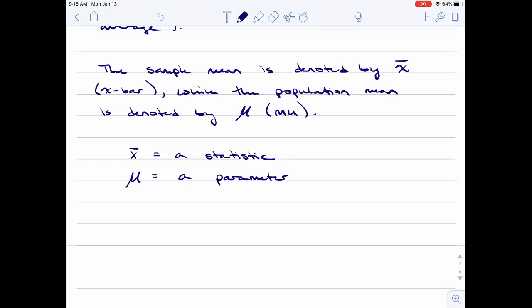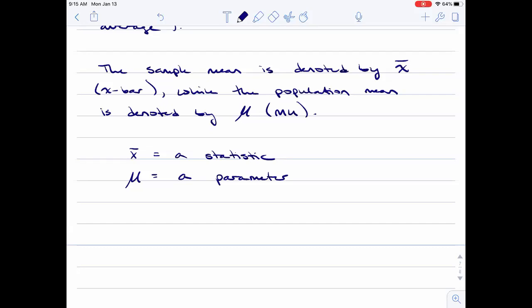But then the goal was to say, based off of this sample mean, for example, I know something about the population mean. So statistics is taking something we've collected from a sample to learn about the parameter, and we always have this relationship between a sample thing and a population thing, and we have to keep track of them.